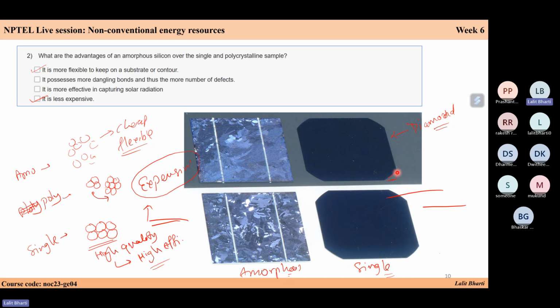This is called the diamond shape cutting. Can anyone suggest why you see this kind of structure? If anyone would like to comment, why only the single crystalline solar cells are in this shape? You can easily distinguish between single crystalline and amorphous solar cells by this cutout at the corner.